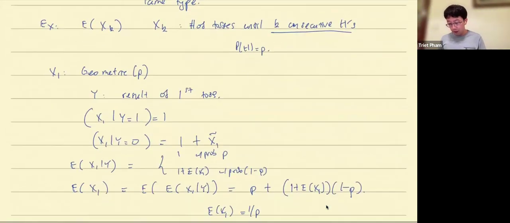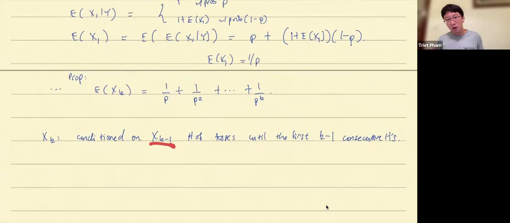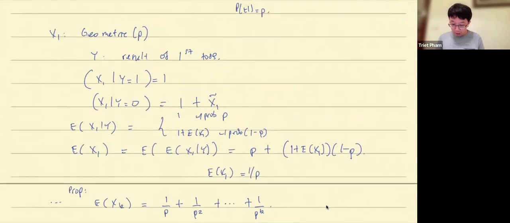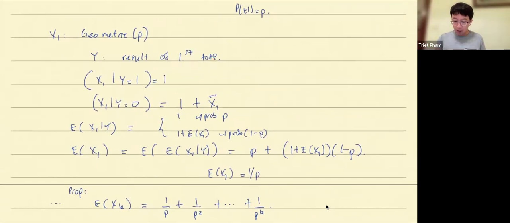Why is it appropriate? And notice, for xk in general, conditioning on the first toss is not appropriate. Again, the word appropriate here means helpful to solve the problem. The reason is this.